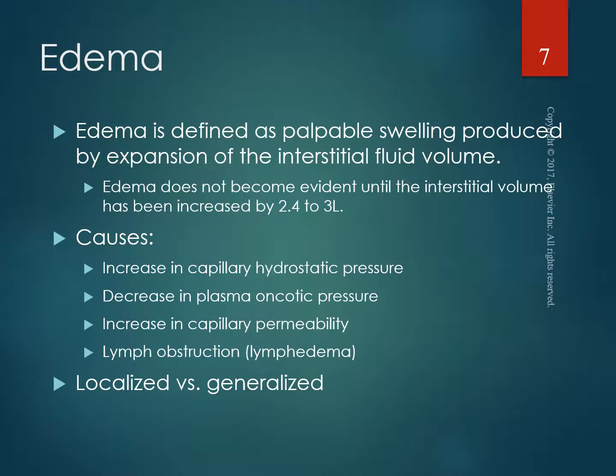As we're talking about edema, edema is defined as palpable swelling produced by an expansion of the interstitial fluid volume. Edema does not become evident until the interstitial volume has been increased by 2.4 to 3 liters.